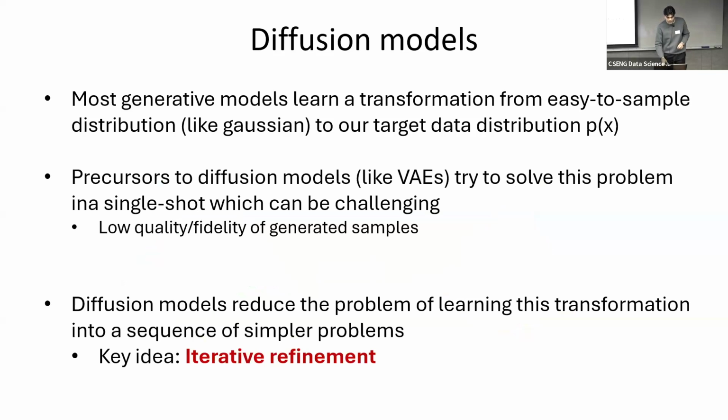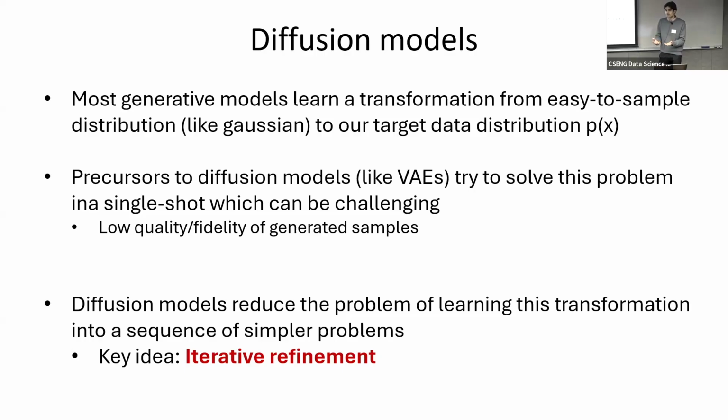But really, the precursors to diffusion models like VAEs and GANs try to solve this problem of transformation in a single shot manner, which means the neural network tries, in just one single forward pass, to generate these samples from the data distribution. With the power of hindsight, we know that this can be quite challenging, and it led to low quality samples.